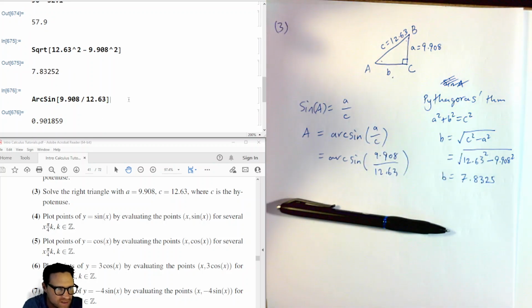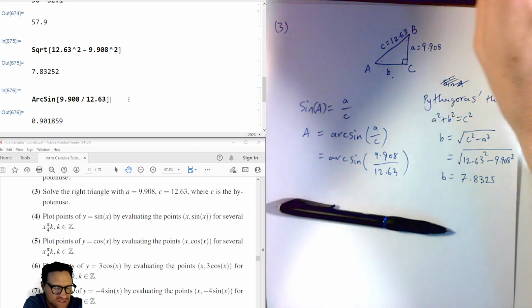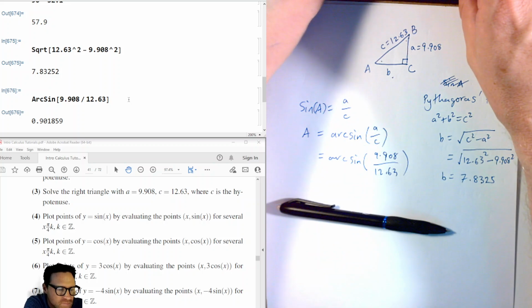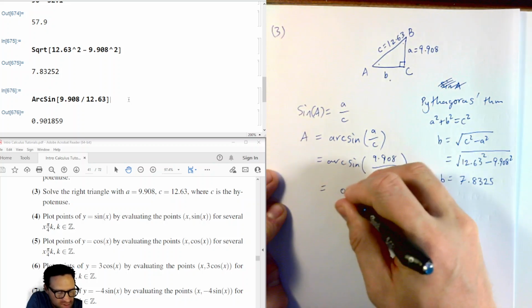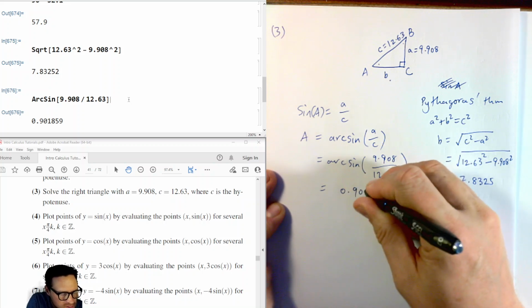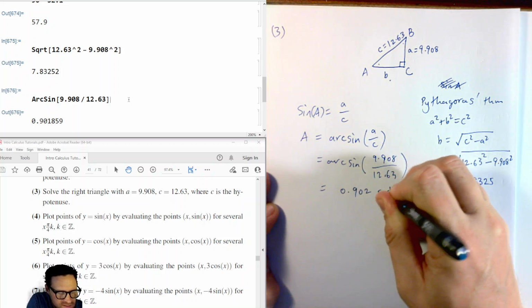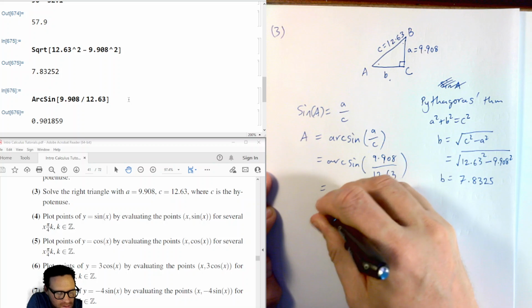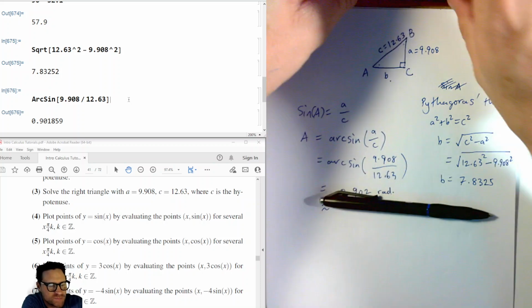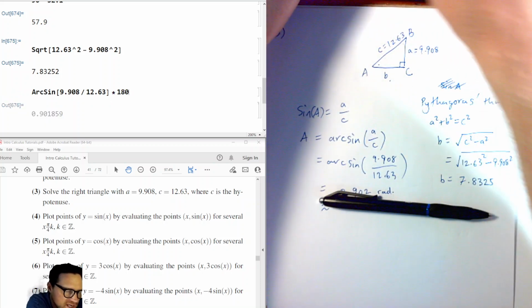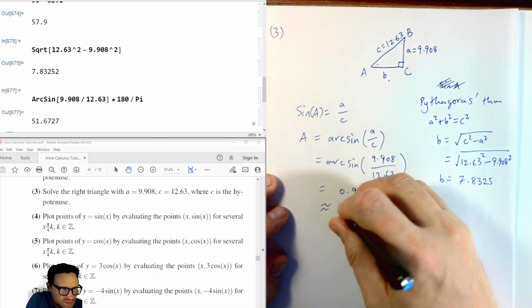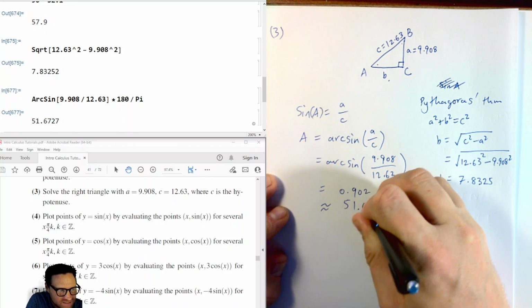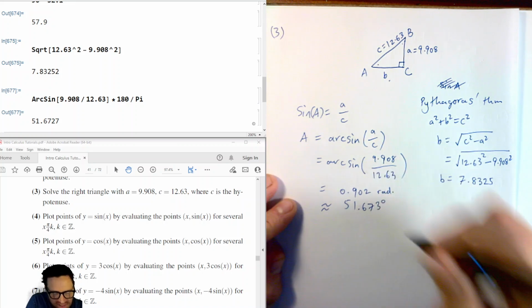So I get this angle in radians, 0.902 radians, but I need this in degrees, presumably. So let's also give this in degrees by multiplying by 180 over pi. So 51.673 degrees.